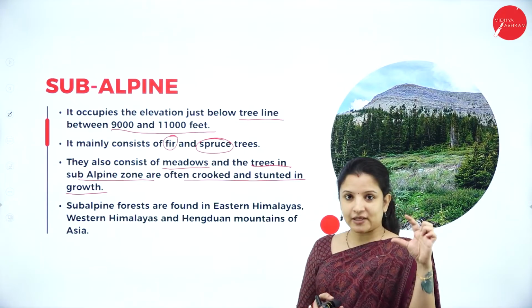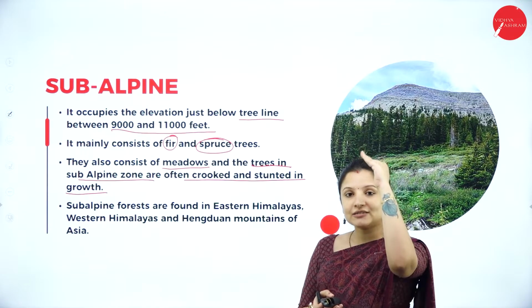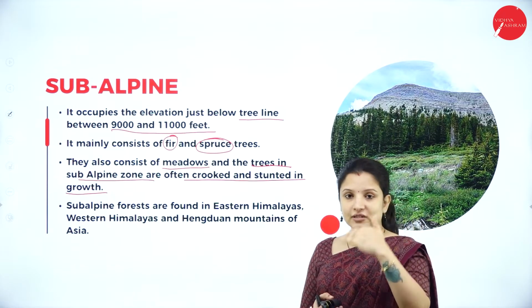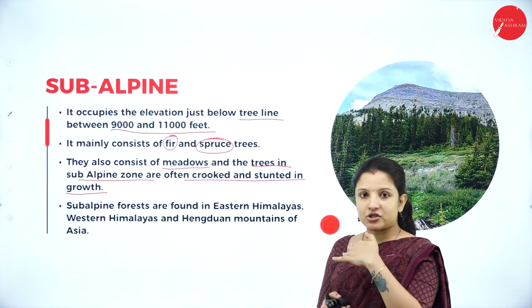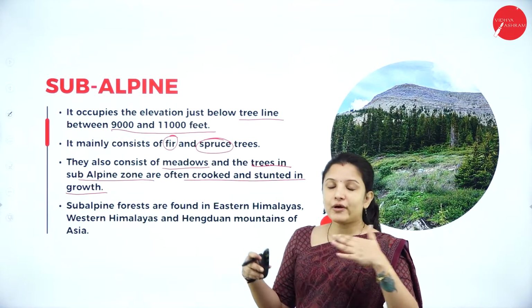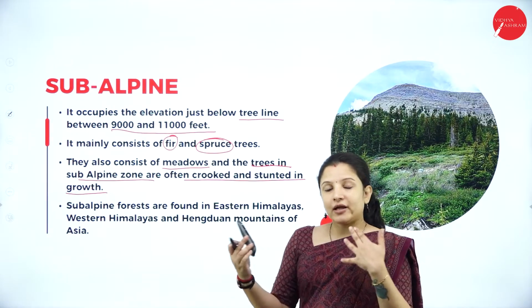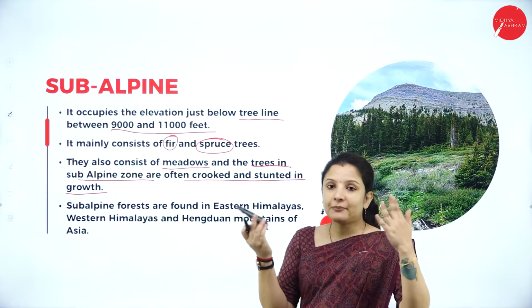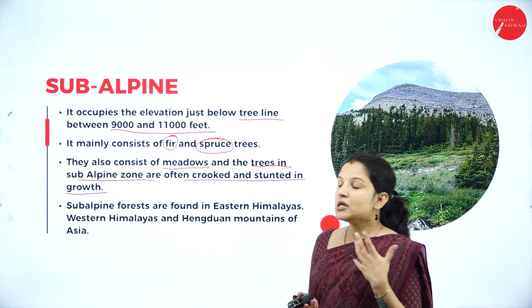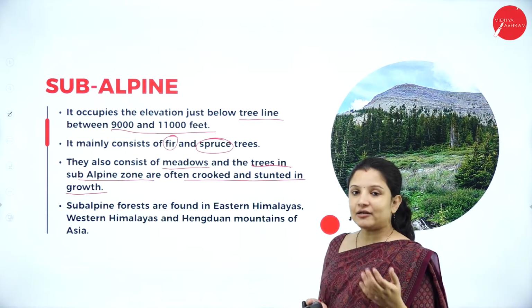So therefore, the trees that are growing above this region will prevent the entry of sunlight to the subalpine region. Therefore, the trees growing in the subalpine region have to grow in such directions wherein they receive the sunlight. Wherever a gap is there where they receive the sunlight, they'll have to grow. So that is why they appear to be crooked in nature, crooked and stunted in growth.